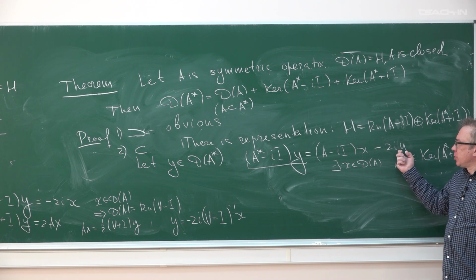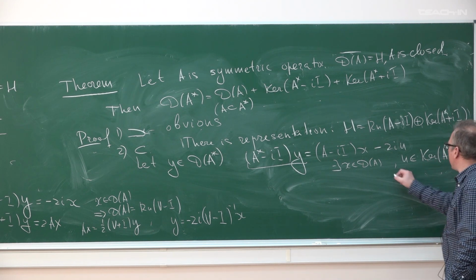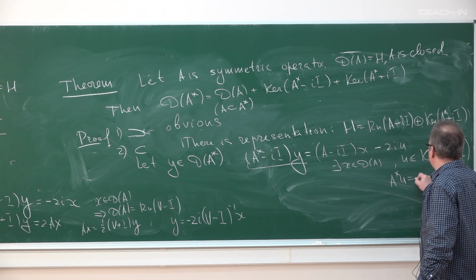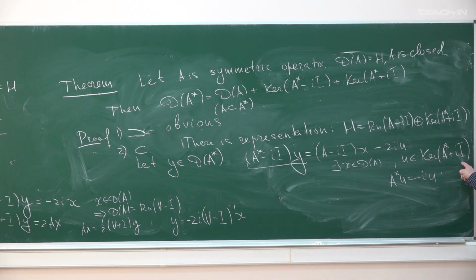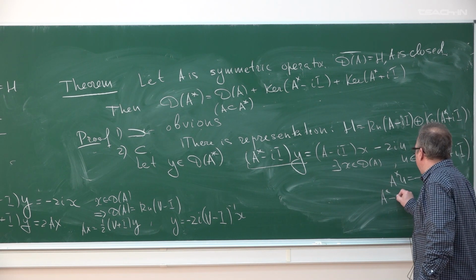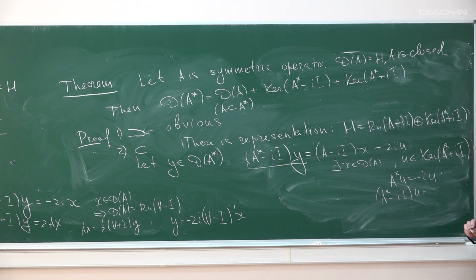Why is it convenient to write this? Because by definition, Au equals minus iu, because it's from the kernel. And A star minus i applied to this equals what? From this, minus 2iu. That's why I take this number.